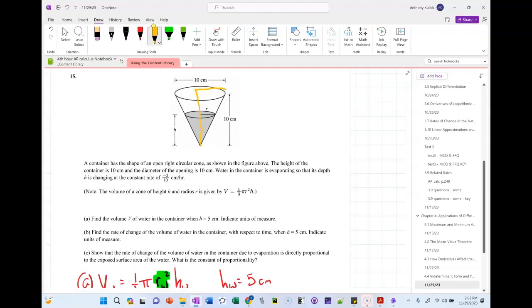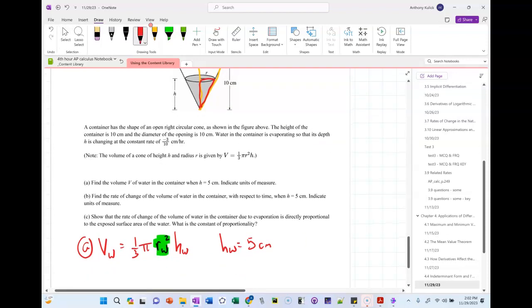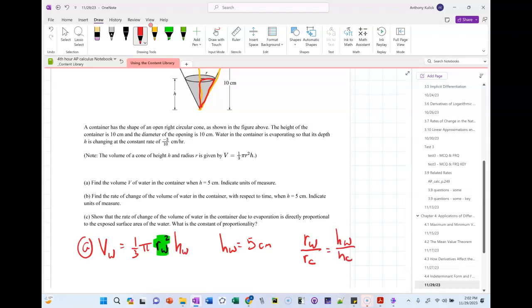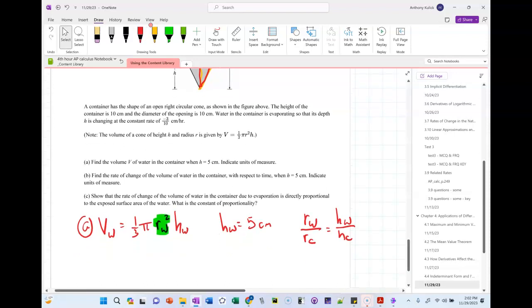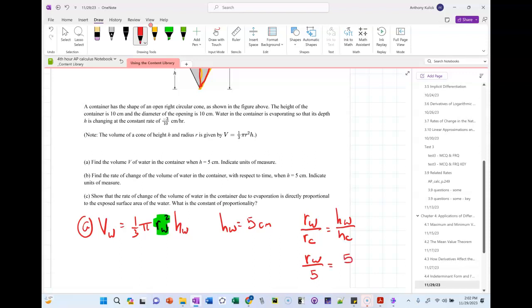So if I look at this triangle, it should be similar to this triangle. So I have radius of water over radius of the container equals height of the water over height of the container. Well, we know the radius for the container is 5. We know the height of the water is 5. And we know the height of the container is 10. Everybody's okay there?